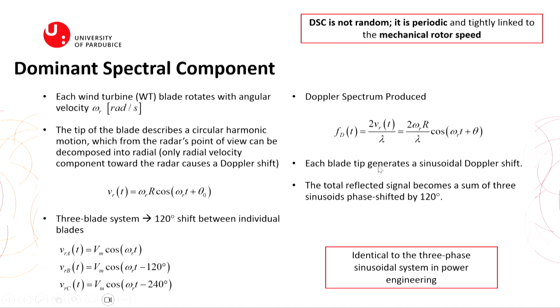So each blade tip generates one sinusoidal Doppler shift. The total reflected signal becomes a sum of three sinusoids phase shifted by 120 degrees. And what is the best one? It is almost identical to the three-phase sinusoidal system in power engineering. It is the same, and it is probably very well known to you.